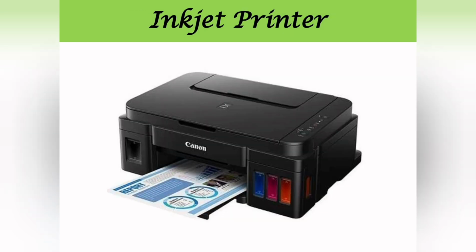Our next printer is the inkjet printer. An inkjet printer prints images by spraying ink onto the paper. In a dot matrix printer, a print head is used to print the text or images on the paper, but here the inkjet printer sprays ink onto the paper.